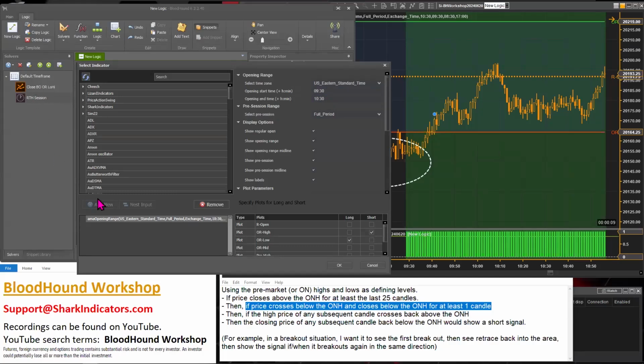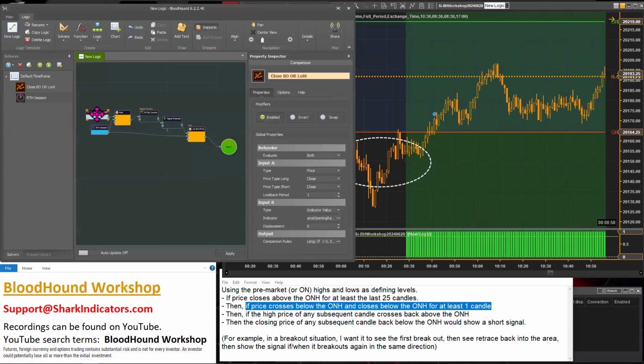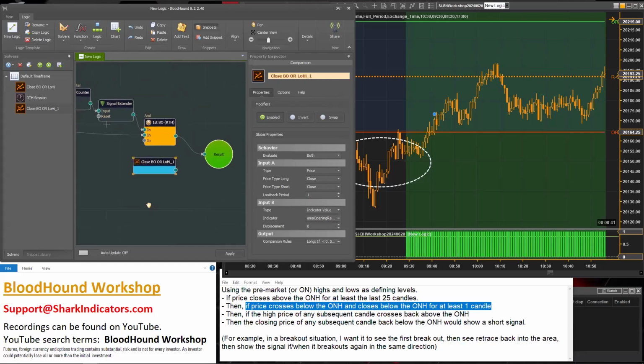Making one change in an indicator's settings could throw off your whole system. So by copying that comparison solver and pasting it down here, I'm ensured that the opening range indicator settings are exactly the same as what I've used previously.